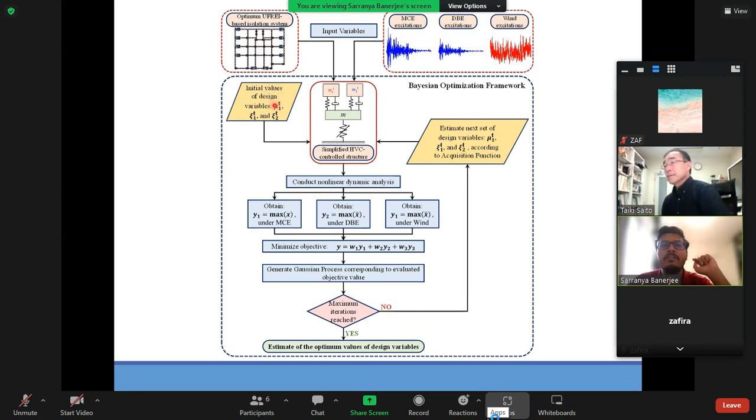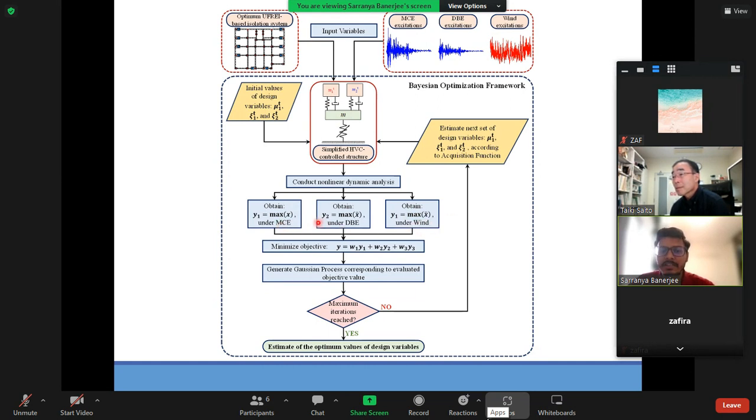So initial values of the design variables are input to the structure, and then nonlinear dynamic analysis is conducted to get the 3 objectives. The first objective, y1, is the maximum of x, where x is the displacement of the mass. Then y2 is the maximum of x double dot, where x double dot is the acceleration of the mass. And y3, there is some mistake. The y3 would be the maximum of the acceleration under wind.